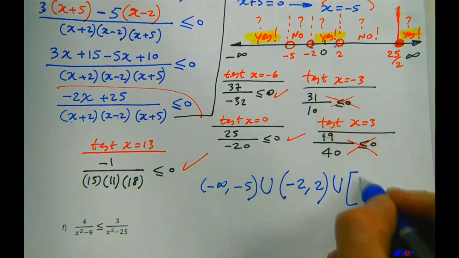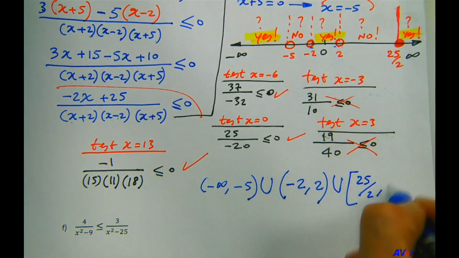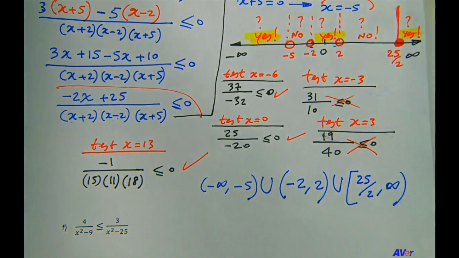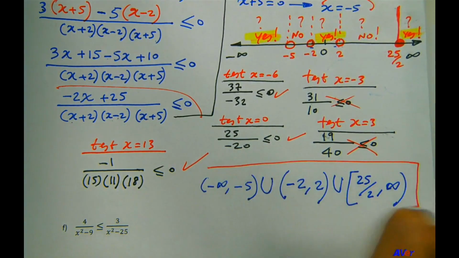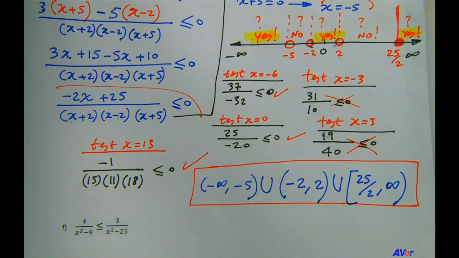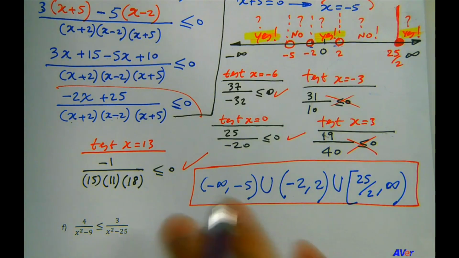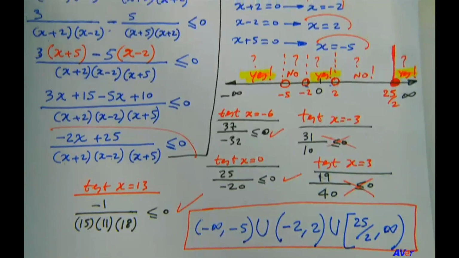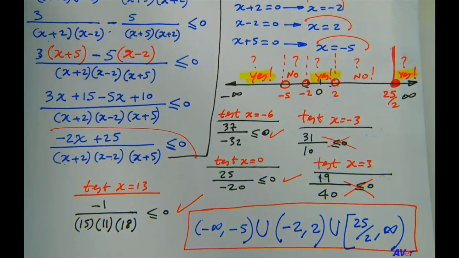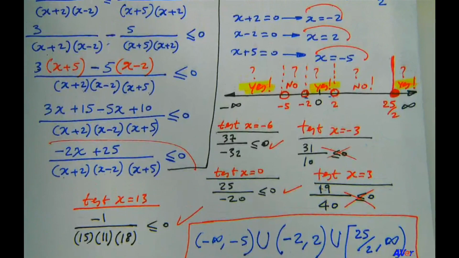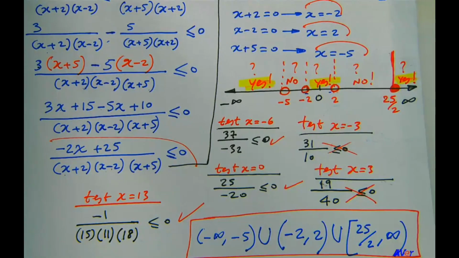So bracket 25 over 2, comma, infinity parenthesis. Okay? Like that. Okay. So here, I hope this matches what you had in your own solution. Like that. All right.